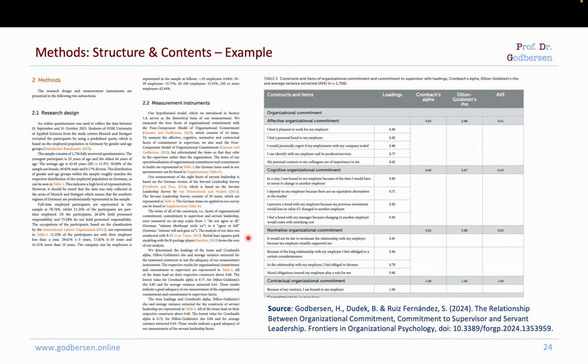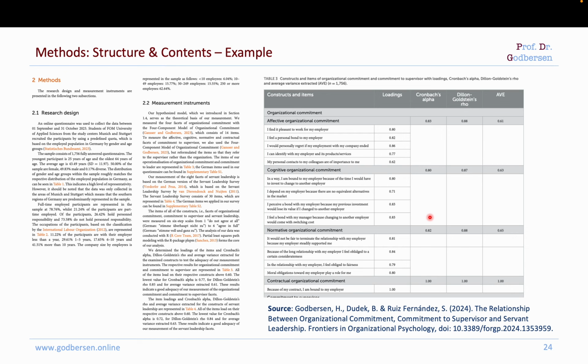Furthermore, we said how we analyzed the data. And here then we elaborated on how we tested the adequacy of our measurement instruments, in other words, the quality of our measurement instruments, did everything work out. And of course, we also showed the data. Happy days. Everything did work out.